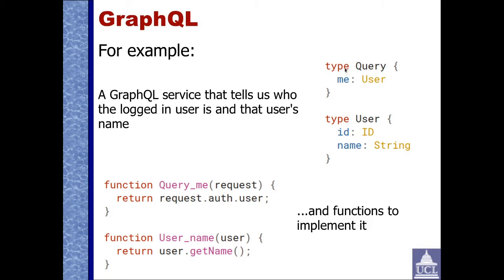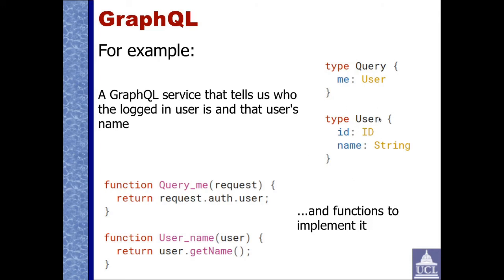So we would have a type called query, which has a field called me, so this is who I am, and that contains an object called user. So user is essentially an object, and we can nest these within one another.